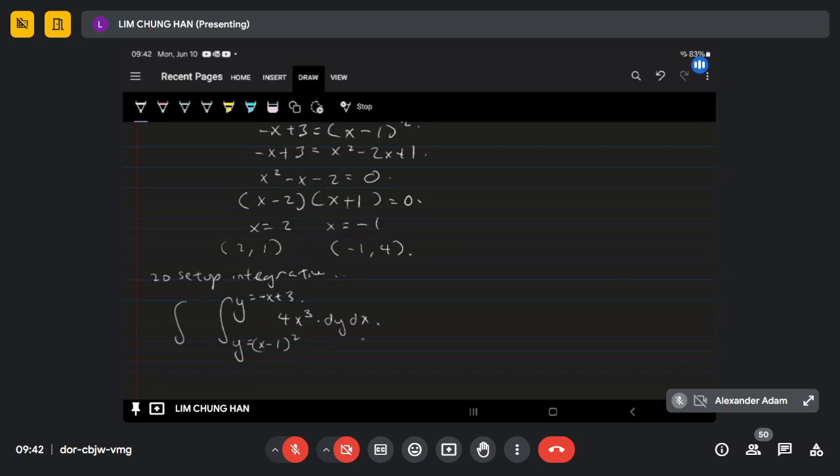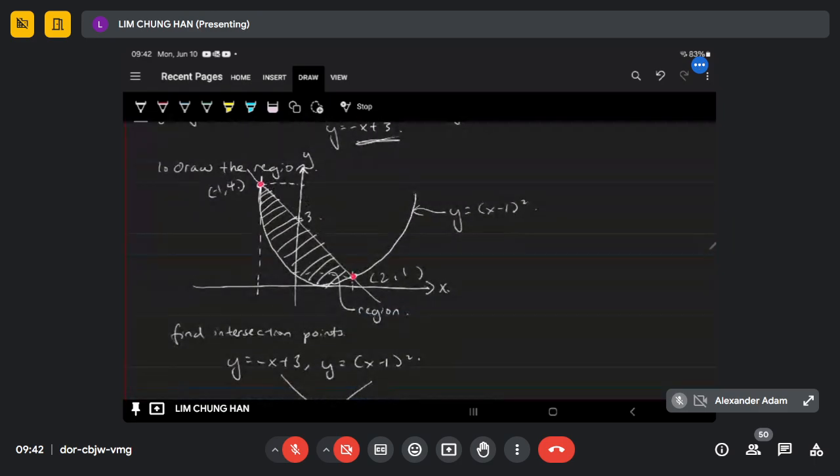Okay, and then what are the x limits? The biggest number and smallest number along the x-axis. Smallest number is what? Negative 1. Yeah, the smallest number there is negative 1. And then you just look at the coordinates. The x-axis value, smallest is negative 1, biggest is 2.